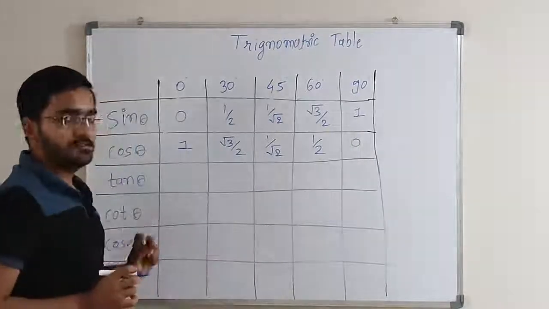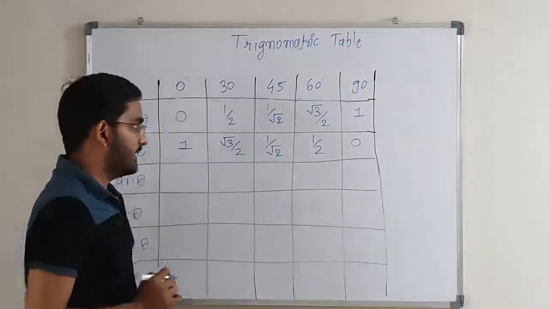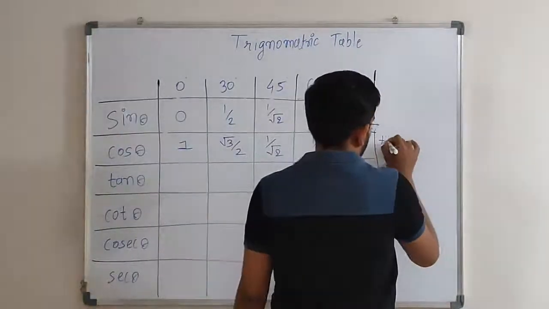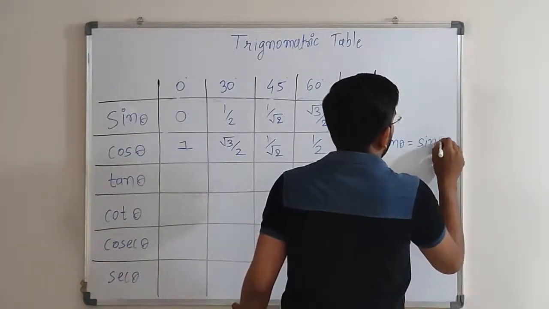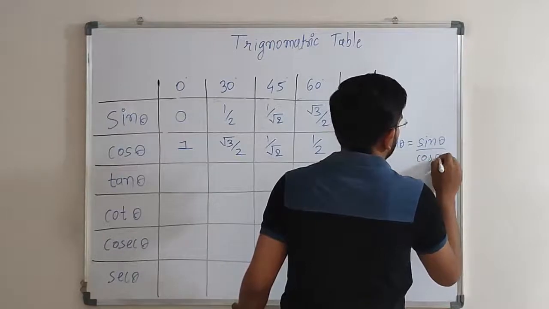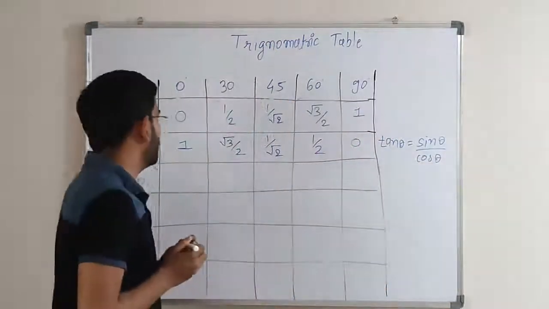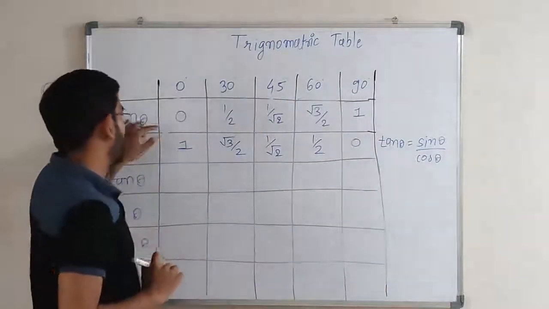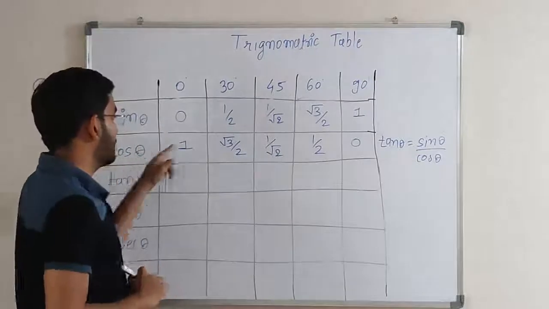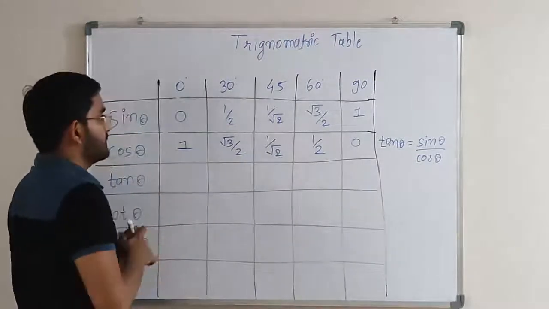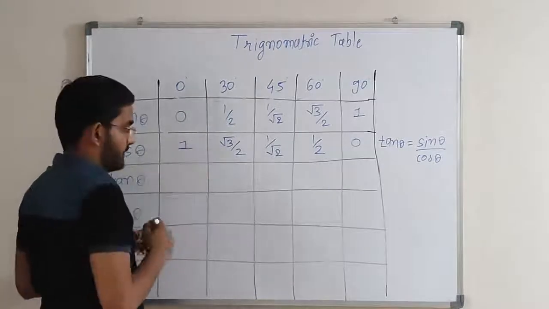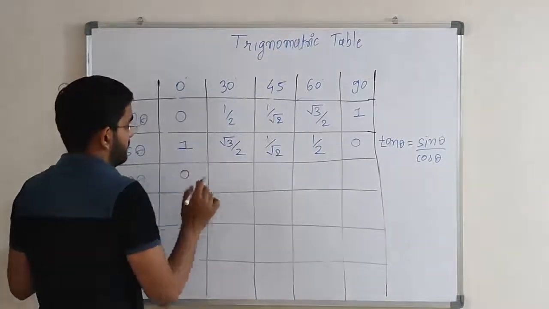Now next is tan theta. We know that tan theta is equal to sin theta upon cos theta. So simply we divide the values of sin theta by cos theta. 0 by 1 will be 0.